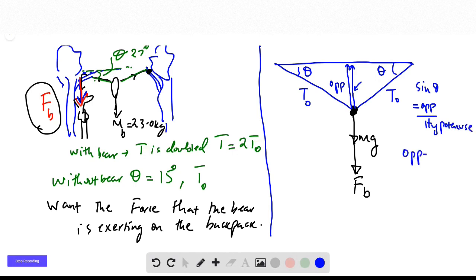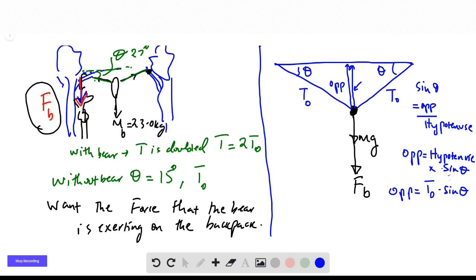So then the opposite becomes the hypotenuse times sine of theta, sorry. Hypotenuse times sine of theta. That's our intention. So this is hypotenuse, which is T naught, times the sine of theta.